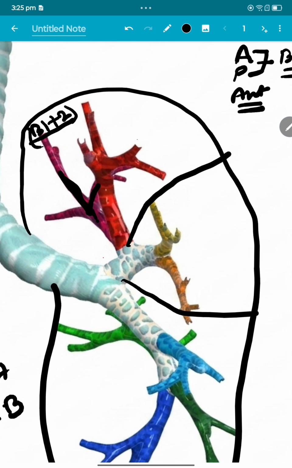This is the anterior segment, labeled B3.